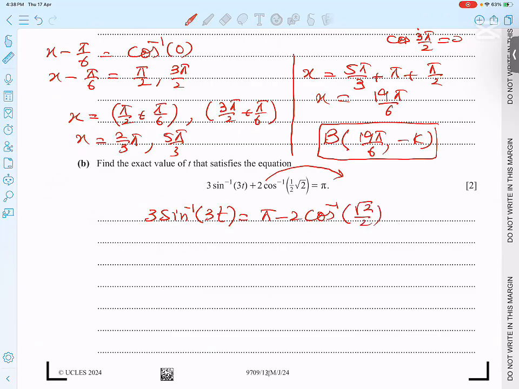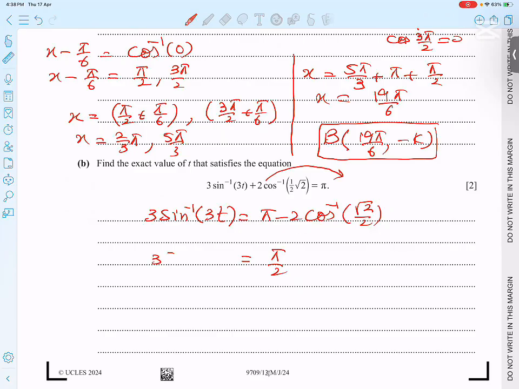And students, if you type this, make sure the calculator is in radian mode. If you type root 2 divided by 2 in the calculator, I'm getting pi by 2.